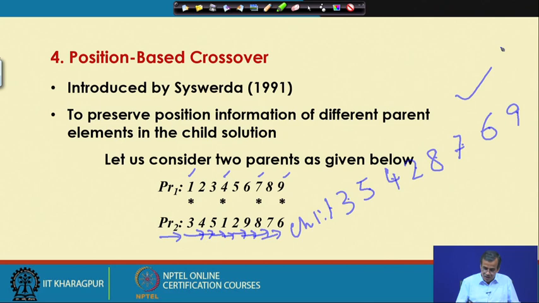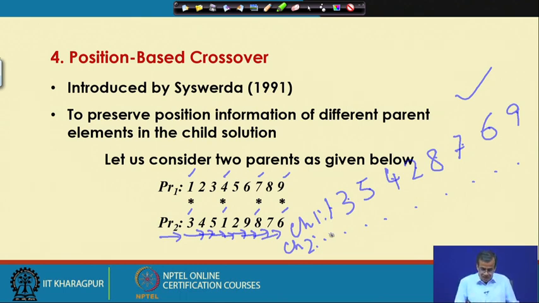Similarly, I can find out child 2 also. Let me locate positions 1, 2, 3, 4, 5, 6, 7, 8, 9. Now, let us concentrate on parent 2. This is the star position, and the star positions I should copy first.